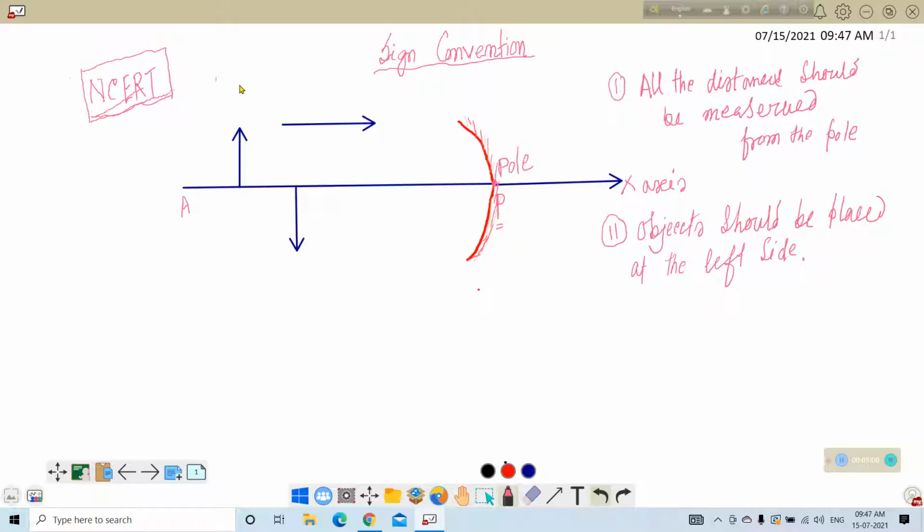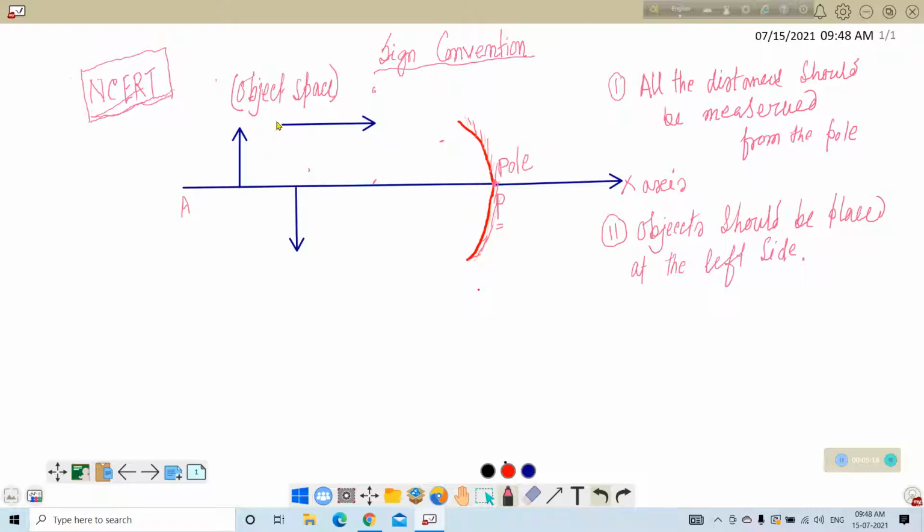So this is the object space. This space, this point or this point, is also object space.